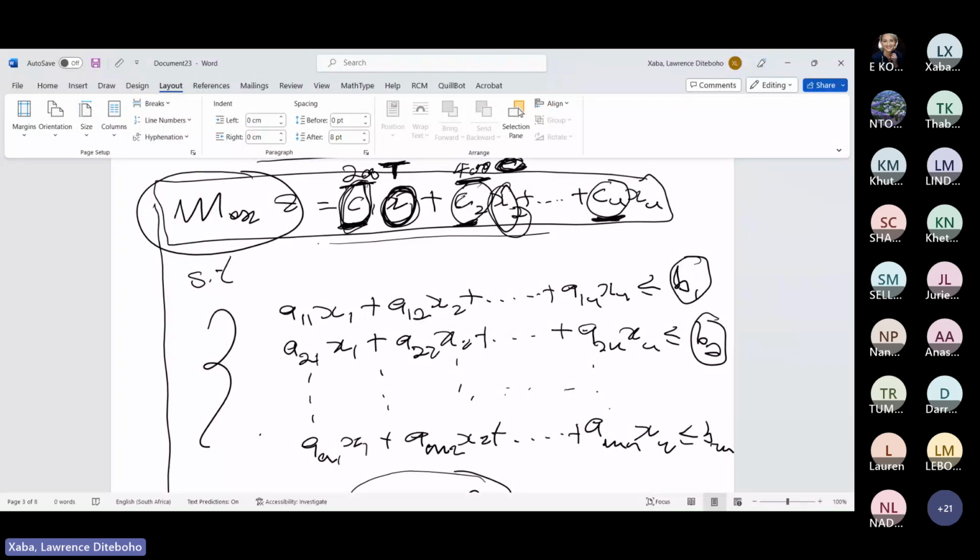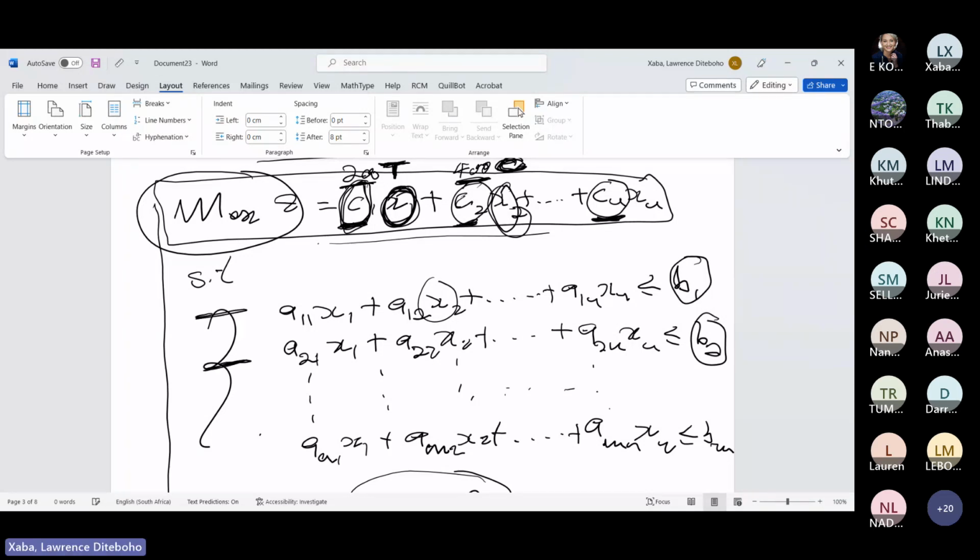You want to know how many hours are needed, and depending on the types of tables and chairs, maybe the first one is steel and the other is wood. So you want to know how many hours we need for these 2 items to come up with the final products.